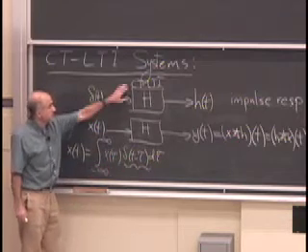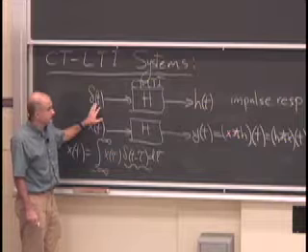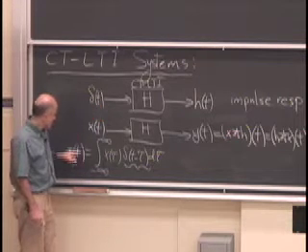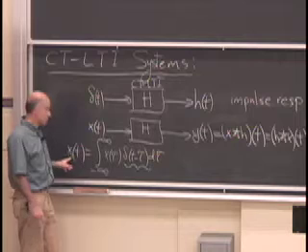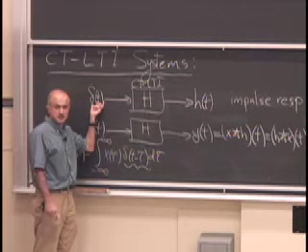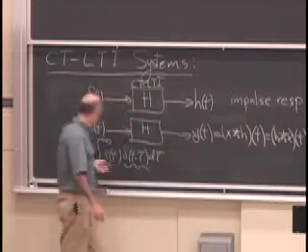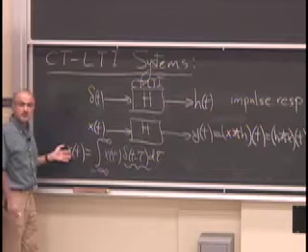Well, if this system is LTI, and you know its response to a particular input, and you can write a more general input as a linear combination of these inputs, shifted and scaled, then clearly you can write the output corresponding to this arbitrary input.